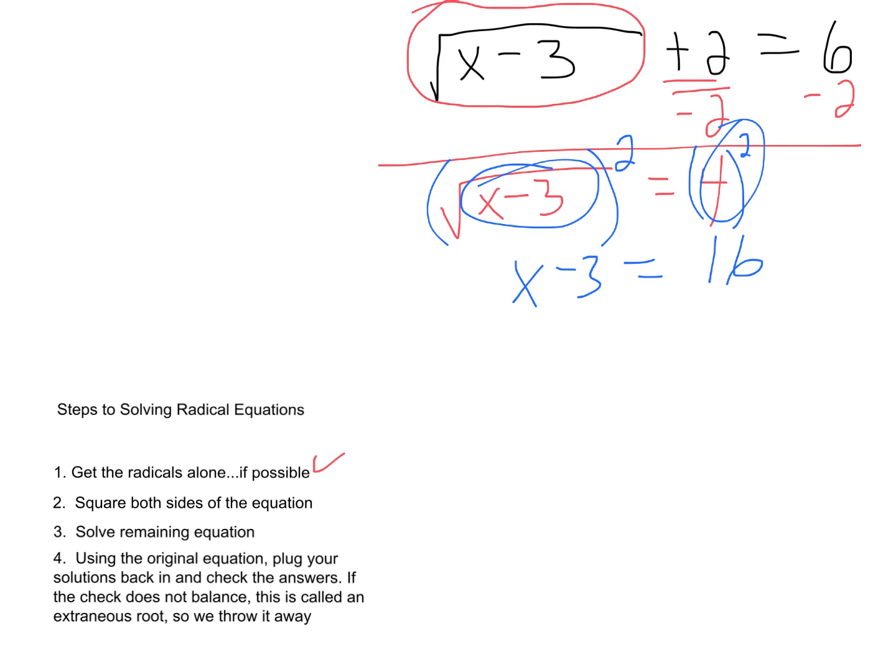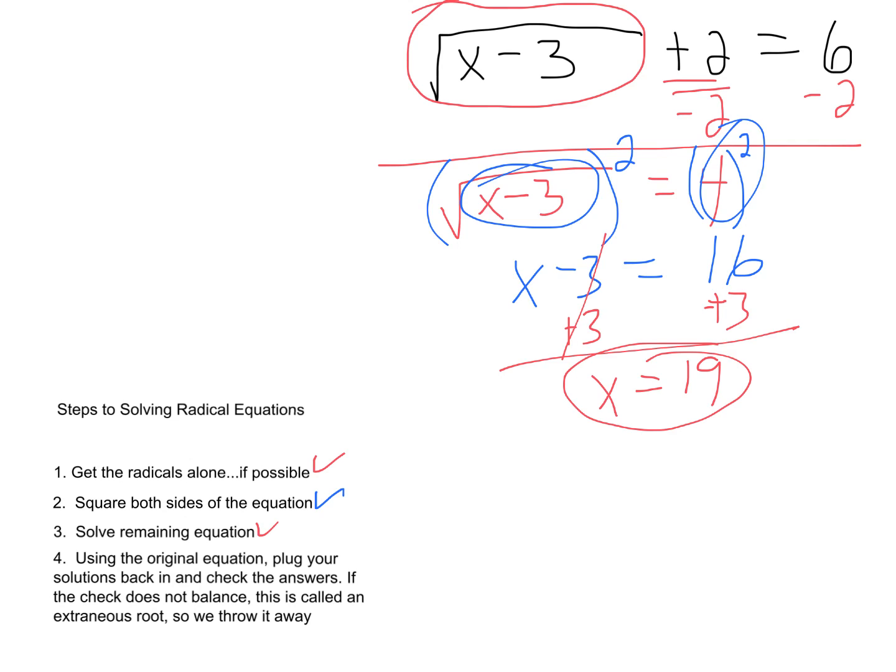Alright, so our next step: solve the remaining equation. Let's add 3. So x equals 19. Now our last step is to check it, so plug it back in.